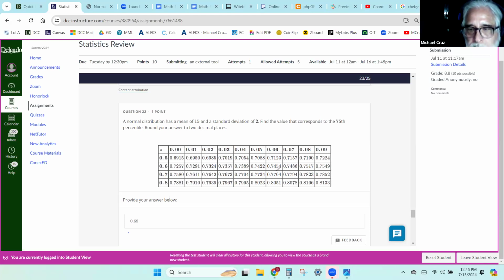I forgot which one it was now. It's this one. All right. So 0.68. Find the value. That's the z-score. So what we got to do is just go ahead and calculate.